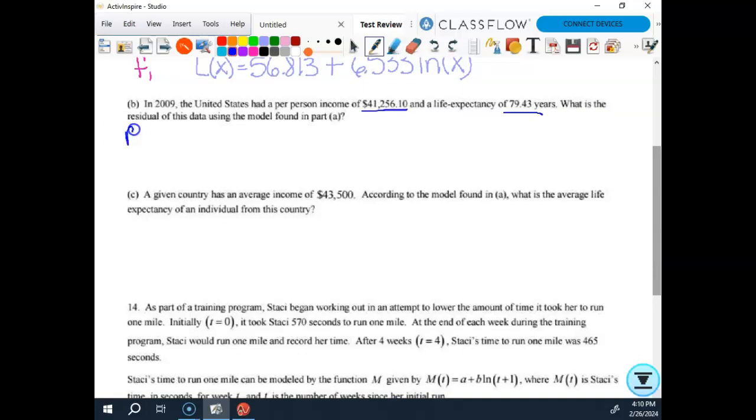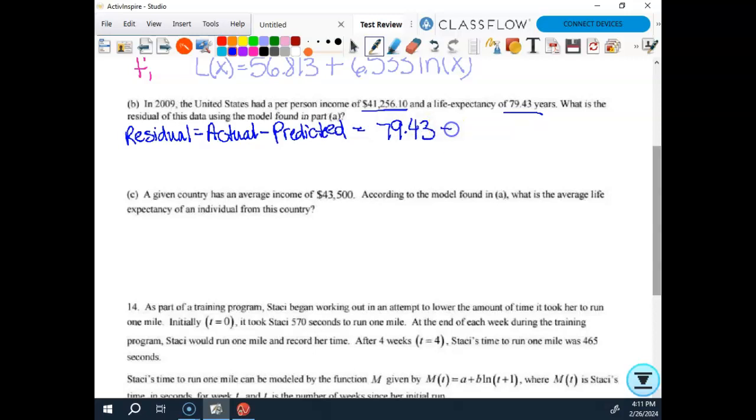The residual is the actual minus the predicted. There we go.